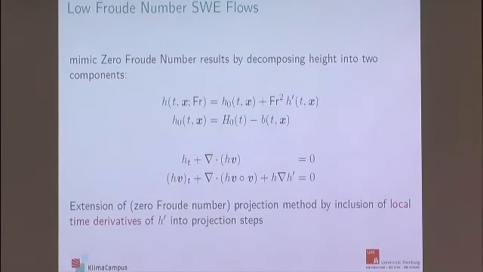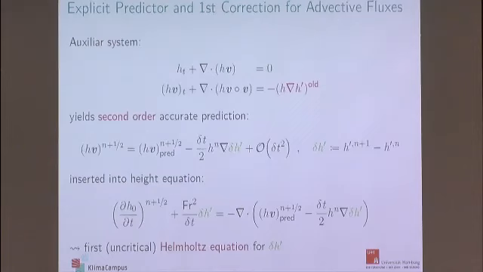Then I introduced the scheme for the fully nonlinear shallow water equations, and here I extended a projection method for zero Froude number flows by introducing the local time derivatives of the height. And it turns out that first, in a predictor step, we have to solve some auxiliary system, which can be done in an explicit way using good enough methods for hyperbolic equations.